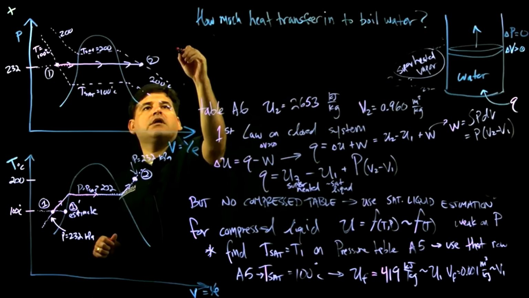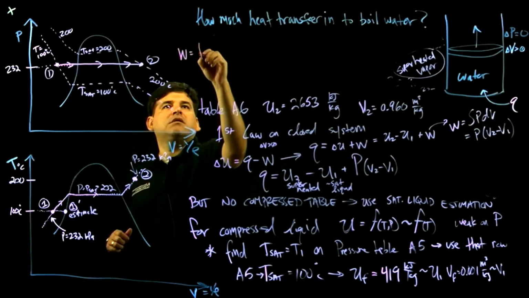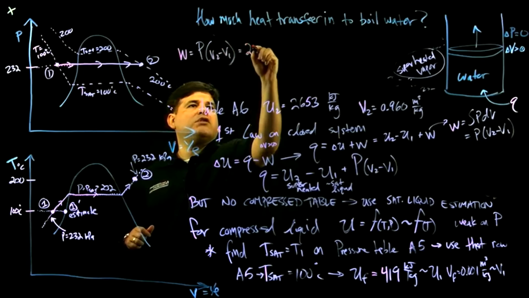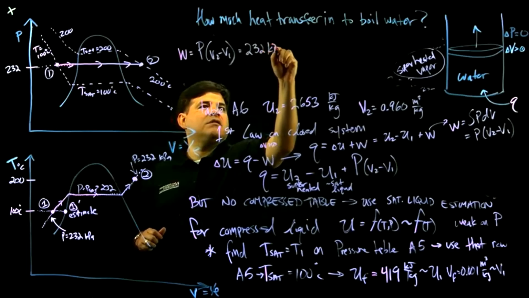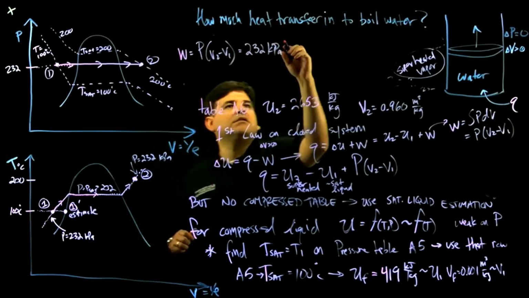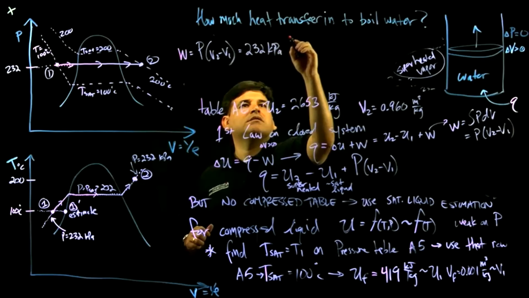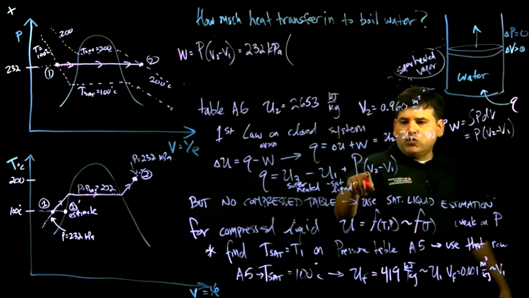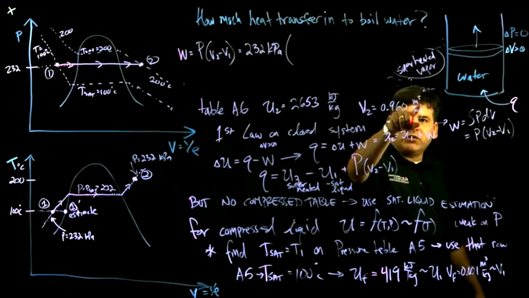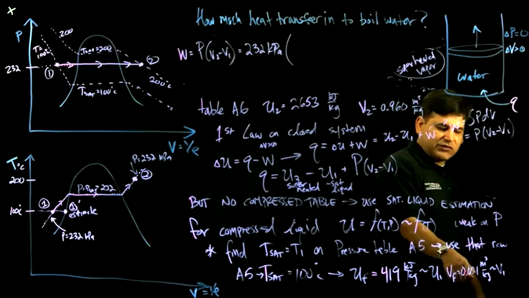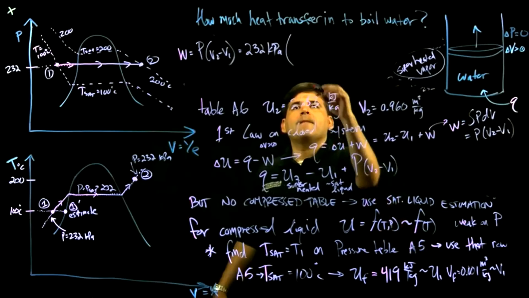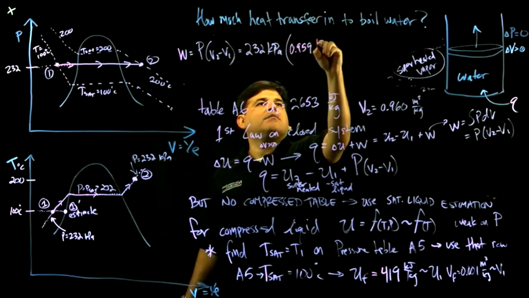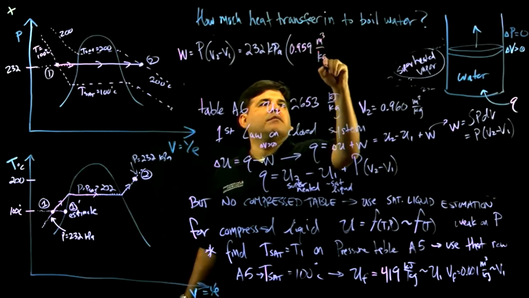If the work equals pressure times V2 minus V1, that would be 232 kilopascals, the pressure units, times V2, which is 960 meter cubed per kilogram, minus 0.001. So let's call it 0.959 meter cubed per kilogram.